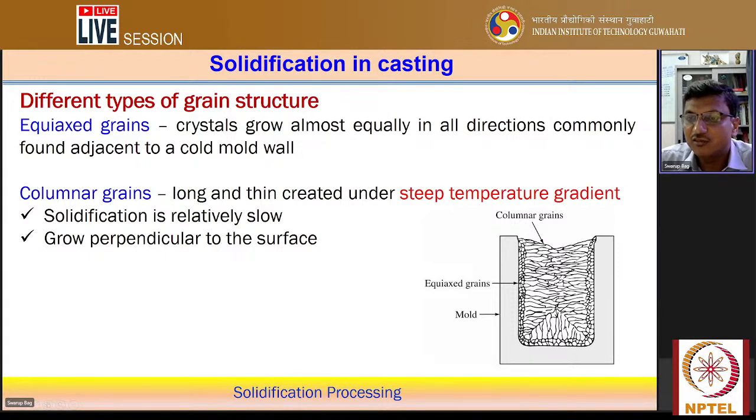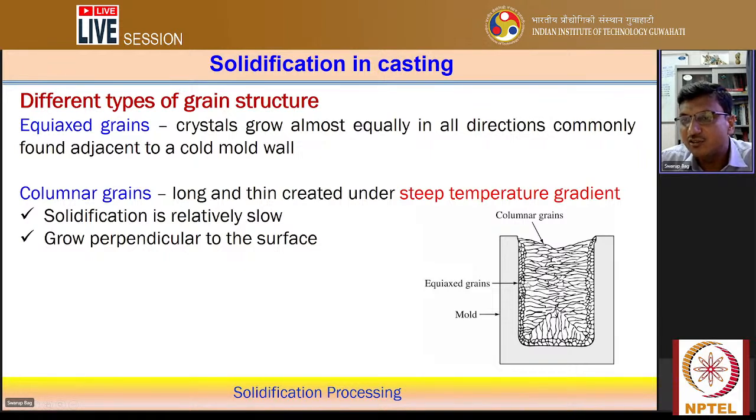Surrounding the mold wall we can see equiaxed grains forming, and then gradually columnar grains form from this side and try to meet at the center. Nucleation starts just surrounding the mold wall, and gradually the temperature gradient becomes maximum towards the center.